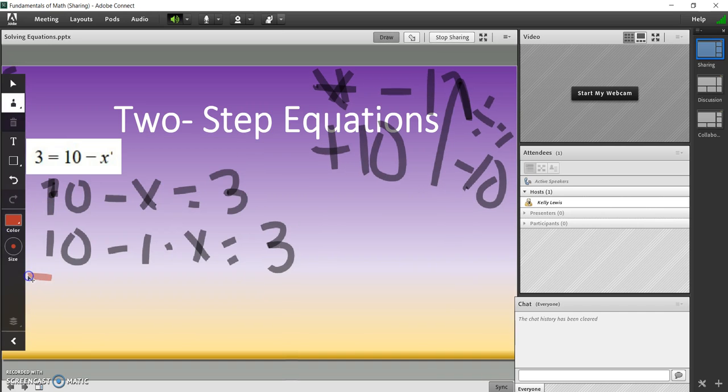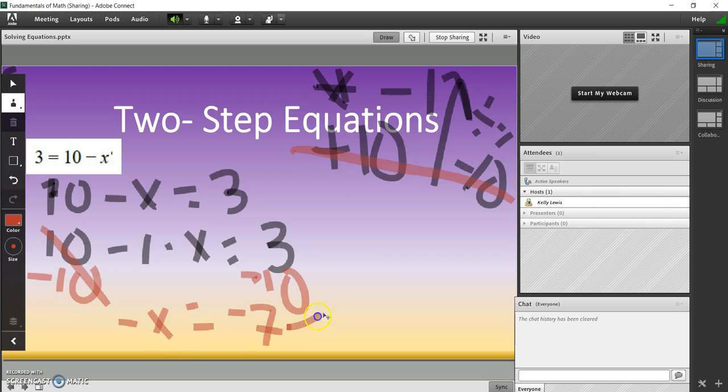So negative 10. 3 minus 10 is negative 7. Now we have negative x equals negative 7. We know what negative x equals, but we need to figure out what positive x equals.